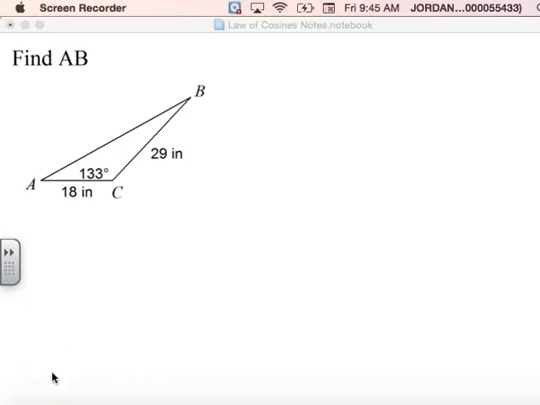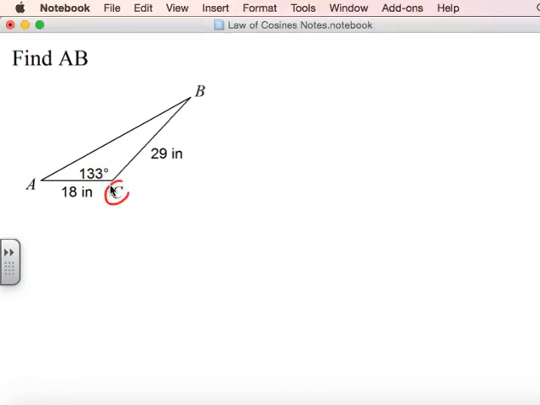Okay, so this one's using the same formula, except now you've got to find C. So we're going to replace the A's with C's. All right, so we'd have little c squared equals a squared plus b squared. So if you want to use the c's, then you're just going to put the a and b over here with the squares, minus 2, and then a and b, times the cosine of c this time.